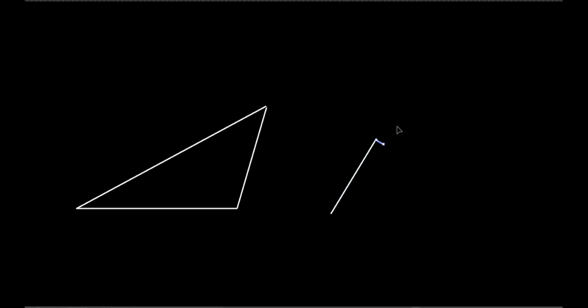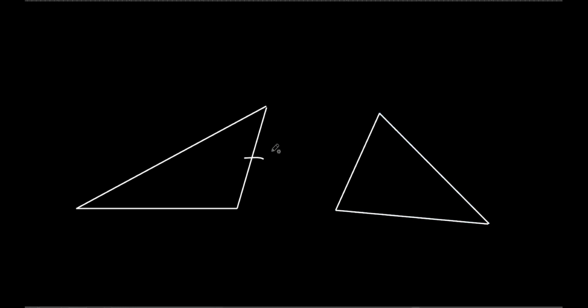I should have made that a little bit bigger. Let's try this one more time. That's close enough. All right. And they tell you that this side is equal to this side. They tell you that this side is equal to this side.